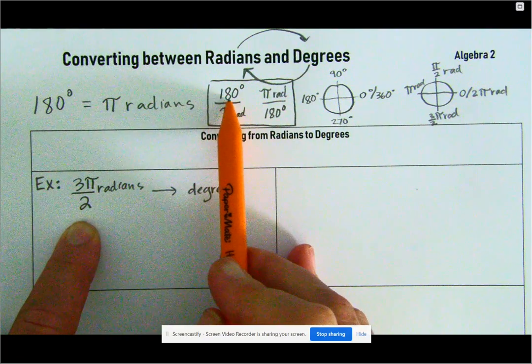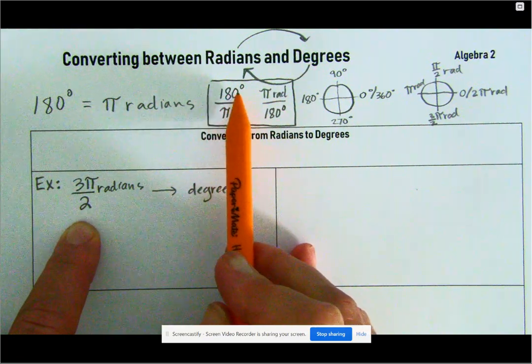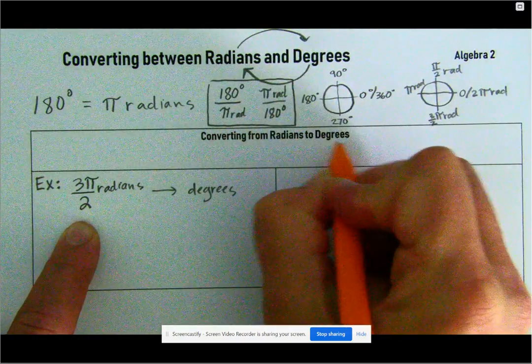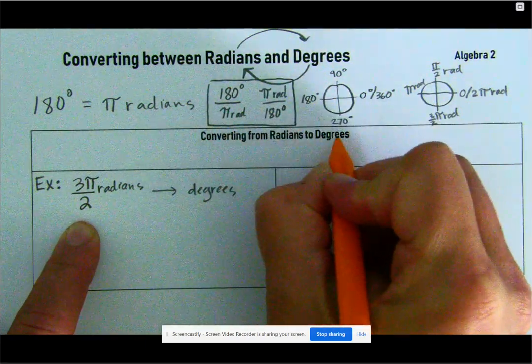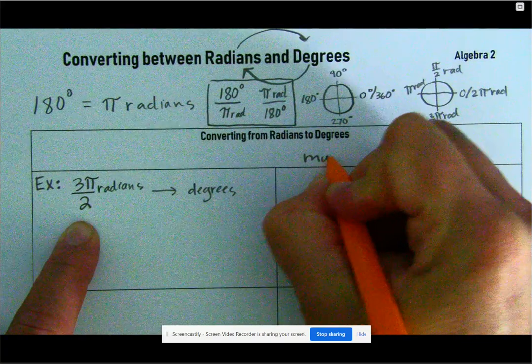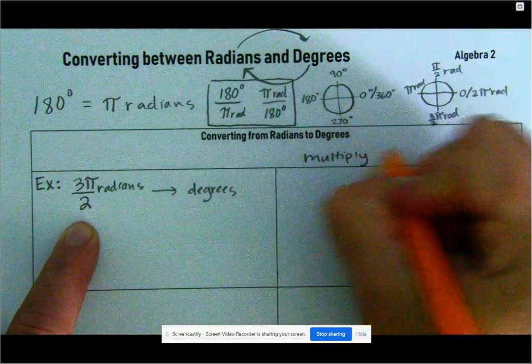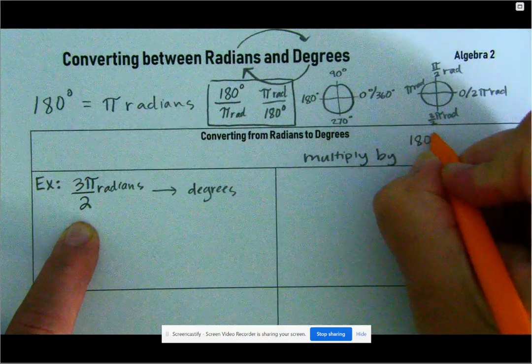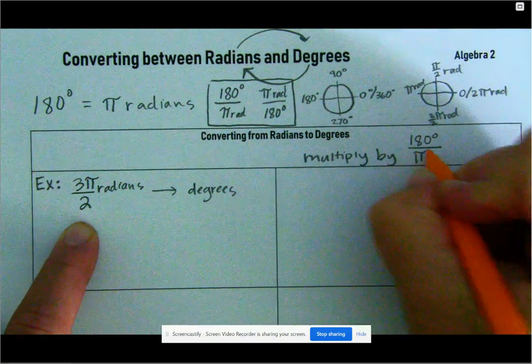So we want to multiply by 180 degrees over pi radians. That's what we're always going to do when we want to get from radians to degrees: always multiply by 180 degrees over pi radians.